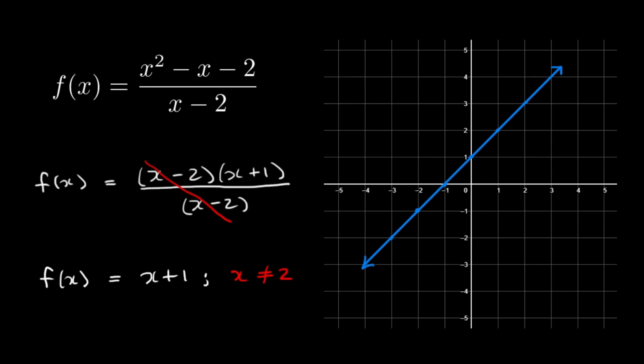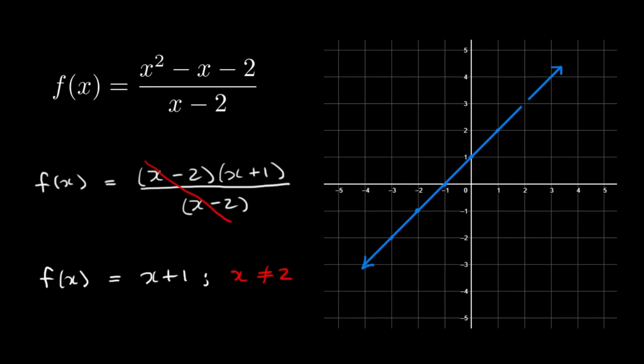And just a quick recap, of course, graphing y equals x plus 1, you can just sub in some x values. If x is 0, of course, y is 1. If x is negative 1, you get y is 0, etc. So what do I mean by trying to exaggerate what's happening at x equals 2? Well, if I find x equals 2, I can see that that is the location on my graph that my function is undefined.